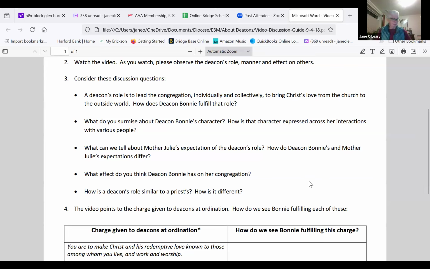Anything else about Bonnie's character? Imitates Christ? Well, with Ronald, that's certainly, I think, what's being communicated in the piece.